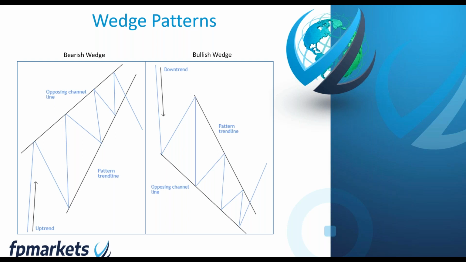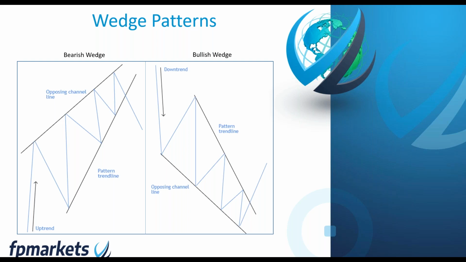Bulkowski also underlines the pattern requires 5 points of contact to be valid. Now, Bulkowski's identification standards come through extensive tests, more than 3,000 tests. So that's certainly something to take into consideration when looking for wedge patterns. That is 3 points at the trend line and at least 2 points at the opposing channel line.